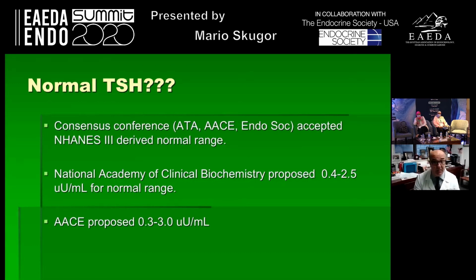That's an upper limit that is much, much lower. And the American Association of Clinical Endocrinologists proposed a reference range of 0.3 to 3.0. So there is this effort to push the upper side of the reference range to lower levels.